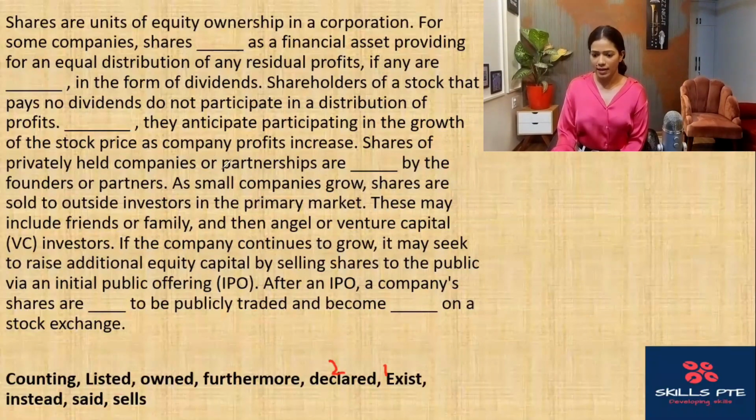Shares of privately held companies or partnerships are owned by the founders. The fourth one is owned, and the third one is instead. After an IPO, companies' shares are said to be, the fifth one is said, and the last one was easy, listed.